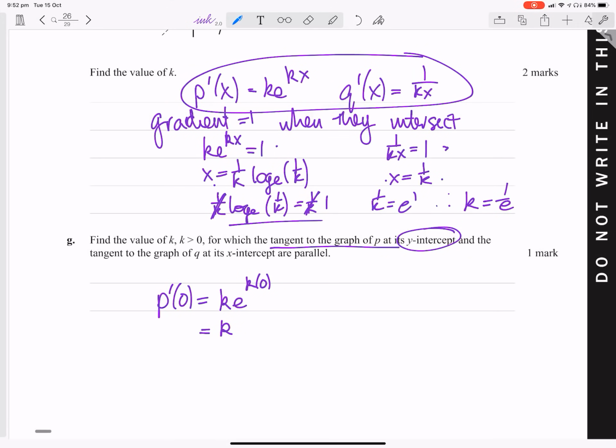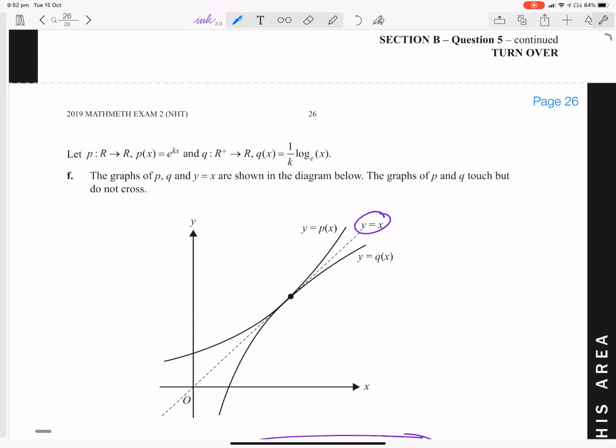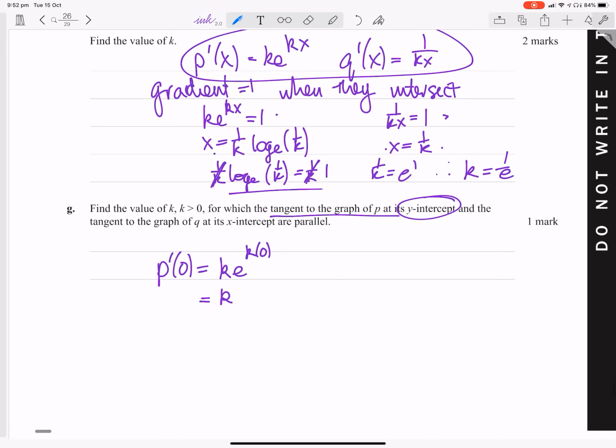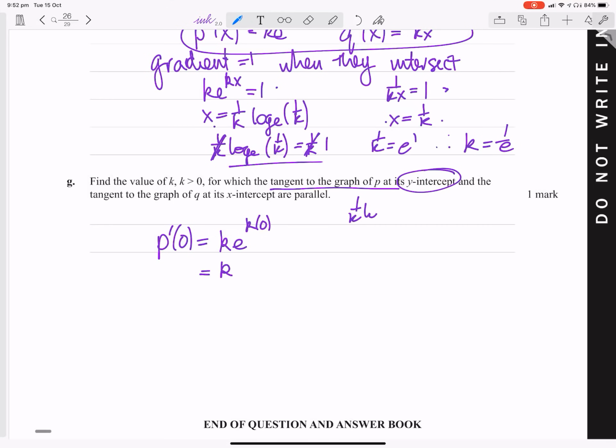And then the gradient of q at its x-intercept. So when does q have an x-intercept? 1 on k log e x is 0, that's 0. X is 1.